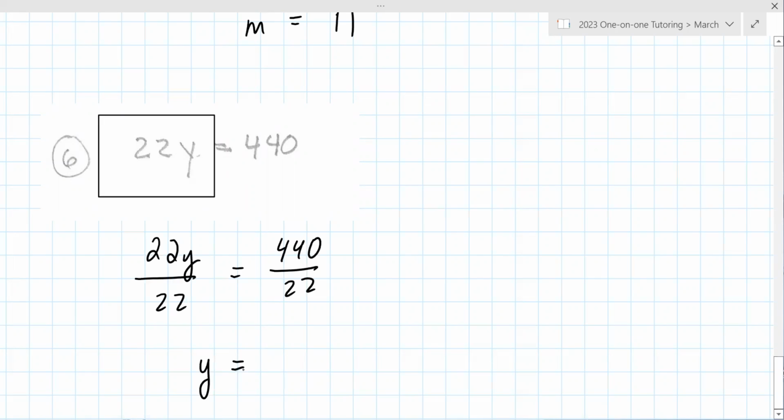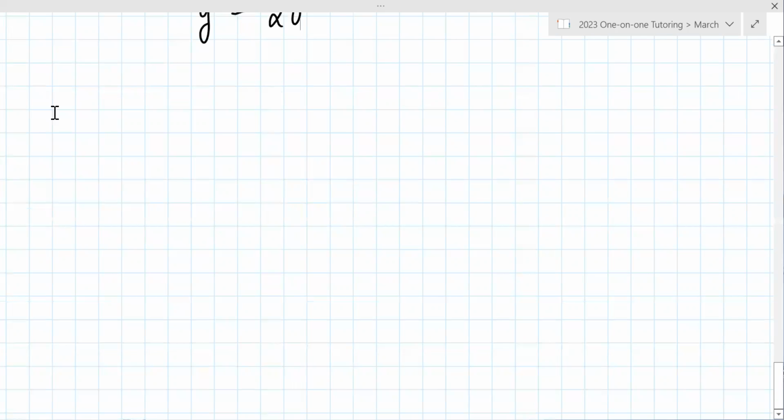Give that a try, please. 20. Good. Do you need to check any of these? We haven't done that. Do you know if your teacher wants that? Not as concerned about checking right now. Let's do 8. We'll come back to 7. 8 is more like 6, so go ahead and try that one on your own.